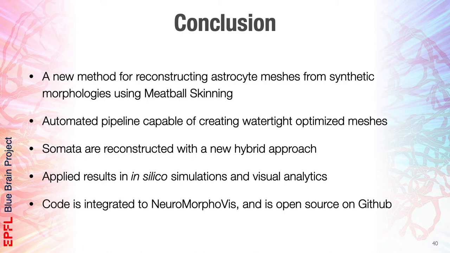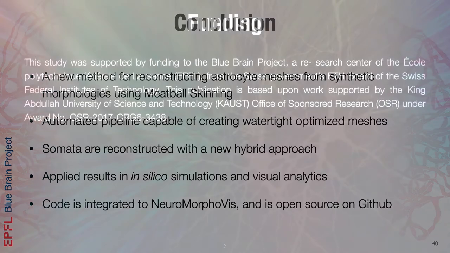Somata are reconstructed with two different approaches, based on metaballs and a new hybrid approach that involves the reconstruction of physically plausible somata using soft body dynamics. Our results are applied in in silico simulations and visual analytics as well, and the code is integrated into Morphologies, and it's open source on GitHub, so you can just download it.